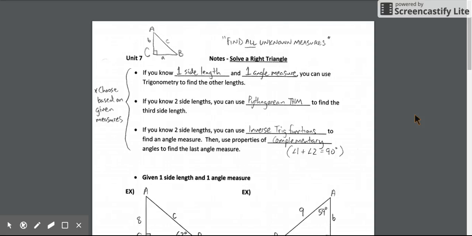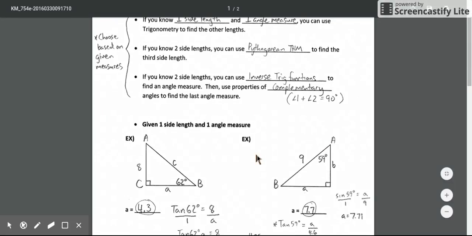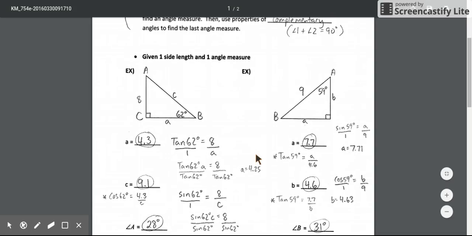If you know one of your complementary angles, since we already have that 90-degree angle inside a right triangle, you can just use subtraction to say 90 minus the angle that you know. So let's practice all of those methods and try and solve some of these right triangles here.